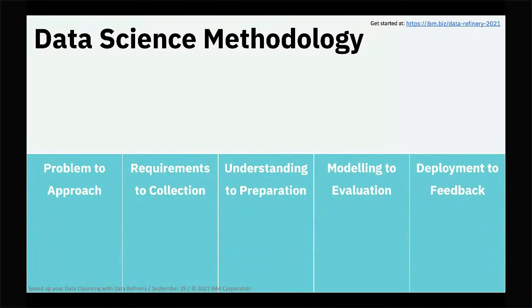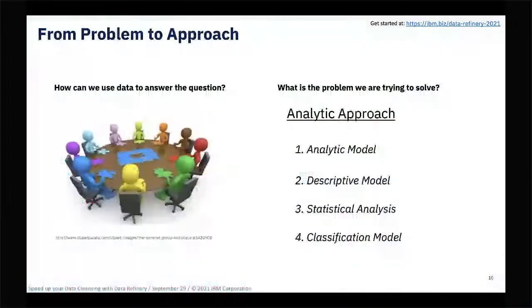Right. So let's start with the first one, which is problem to approach. With this method, we are trying to get a better understanding of the problem. We are basically trying to answer the question of what the problem is that we are trying to solve. So, in other words, we are seeking clarification on the problem.